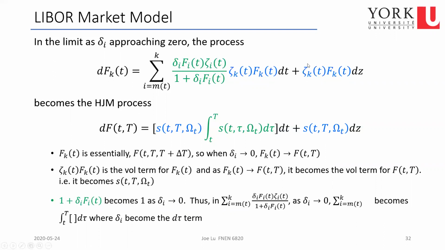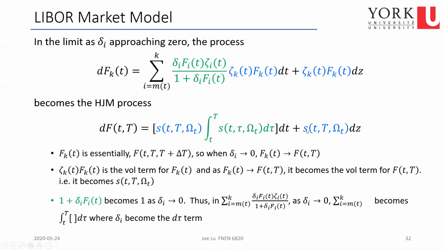One function is only a function of time, and the state variable is also a function of time. But here is a more generic functional form, which includes this type of form as a special case. Because you already have this, you don't need to have an Fk here.